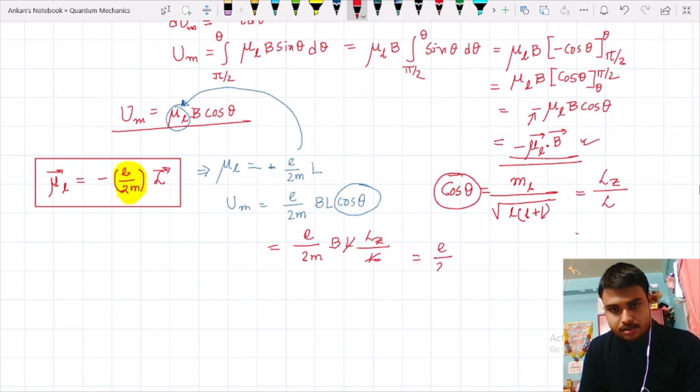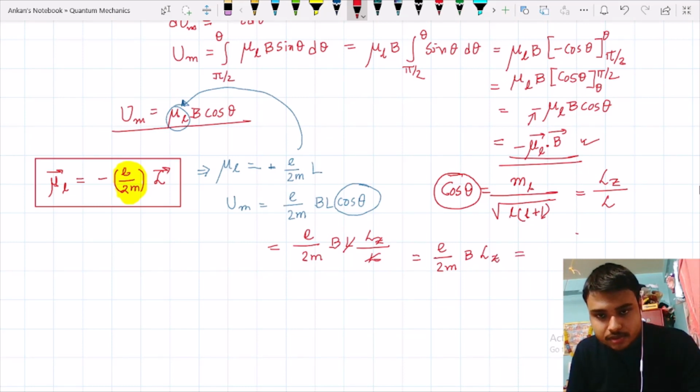So e by 2m B into Lz. Now the eigenvalue of Lz can be written as e by 2m B into ml h line.